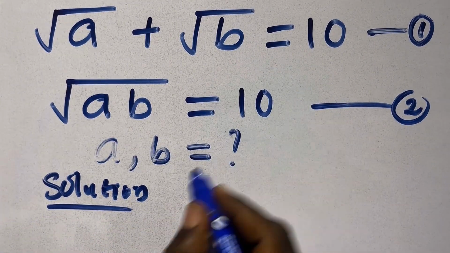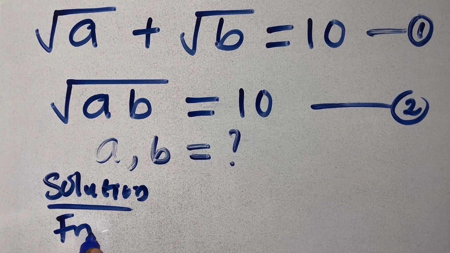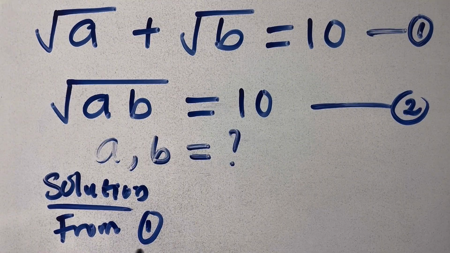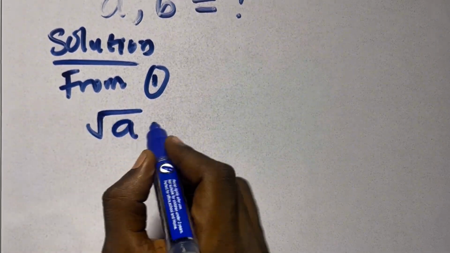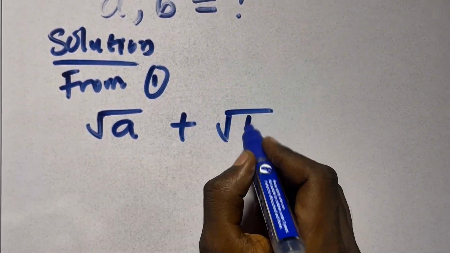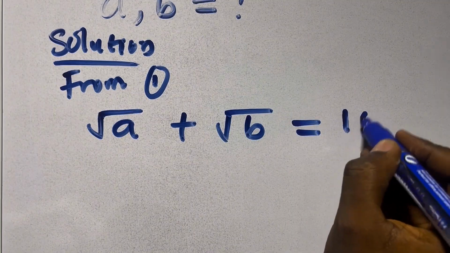So let's consider our equation 1, which is square root of a plus square root of b equals 10.